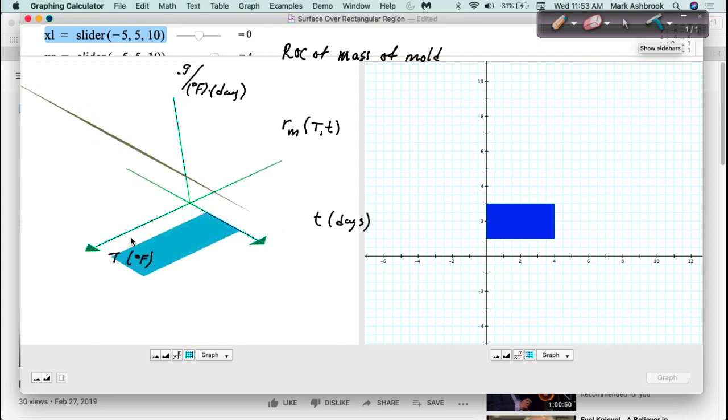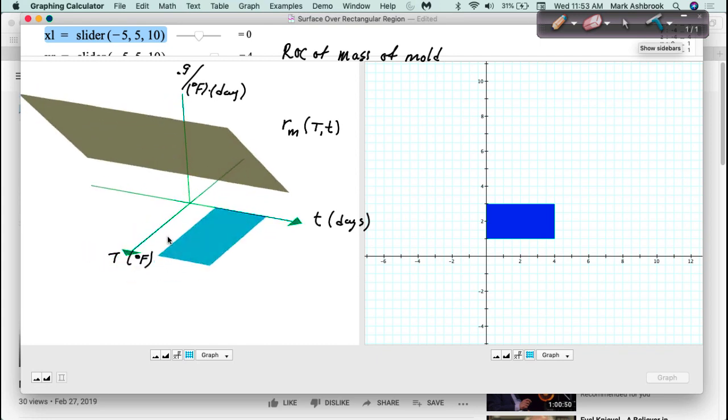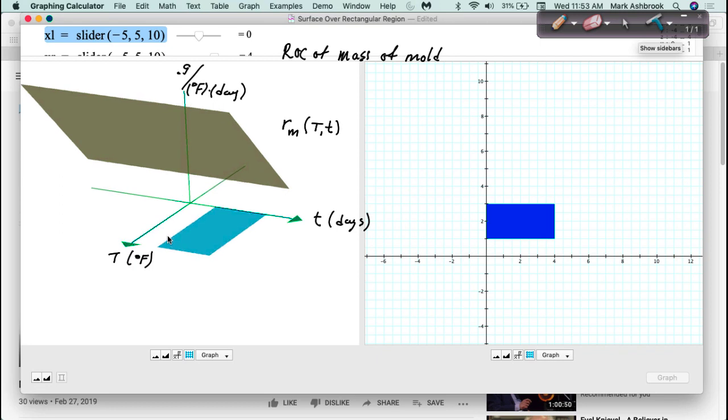Just so you see, that's like an angled plane like that. Okay, so we were calculating little changes in the dependent variable, in this case m, the mass of the mold. So how would we do that?